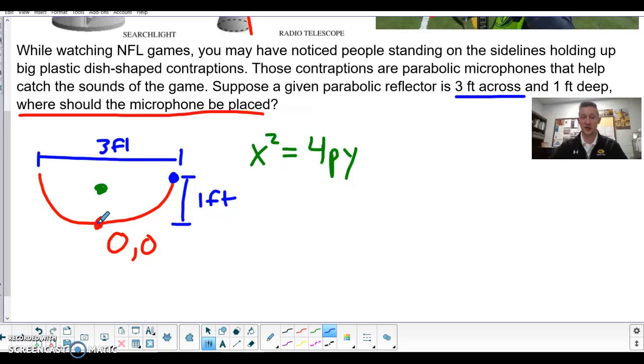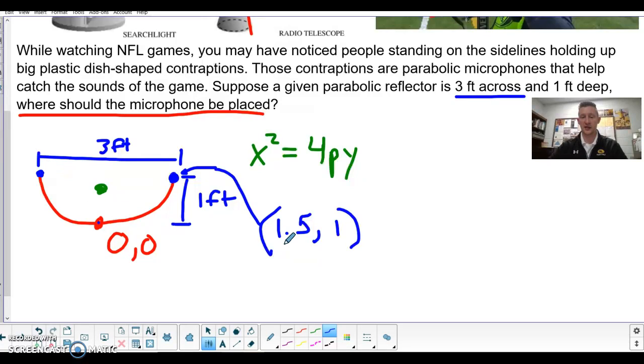From the vertex 0, 0, I go to the right 1.5 feet, because that's half of 3. Does that make sense? Hopefully. So I go 1.5 feet to the right and up 1 foot. That point would be at the coordinate 1.5, comma 1. Or I could use this one over here, negative 1.5, comma 1.